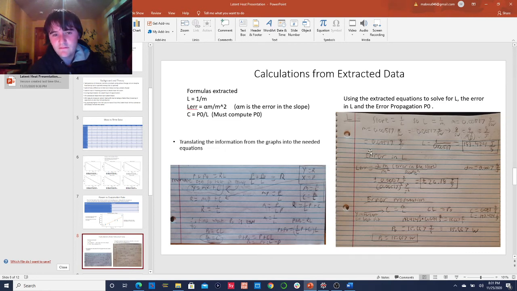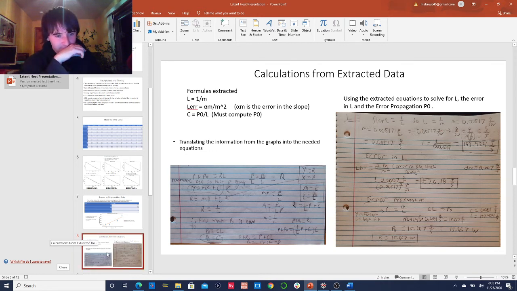What we find for the error in L is that it's about plus or minus 26.18 joules per gram. And now for the error propagation, which is also the heat leakage, which is also P0, we find that P0 is 15.667 watts.